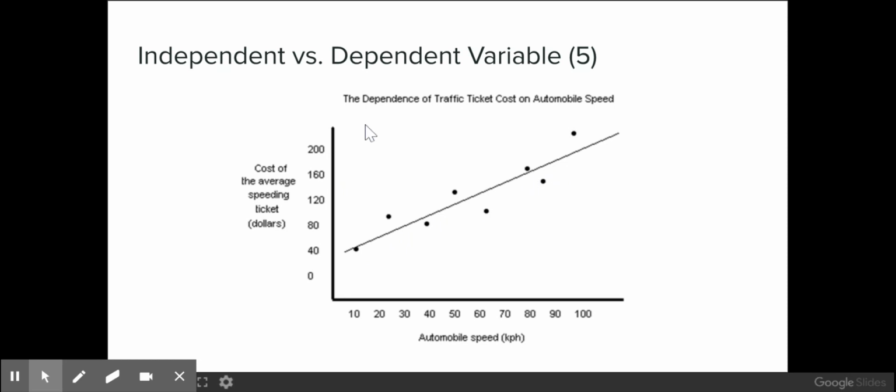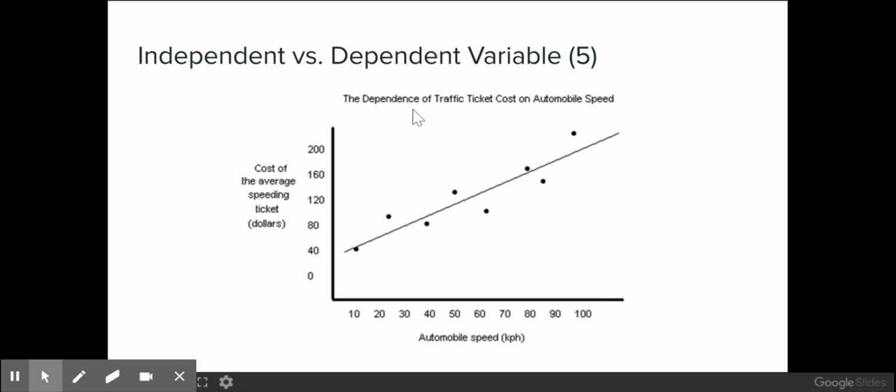You would get a larger fine for speeding at a greater speed over the limit. You can control your speed. You can go slower. That's your independent variable. Your independent variable is going to be on your x-axis. Whatever is responding to that change is on your y-axis.